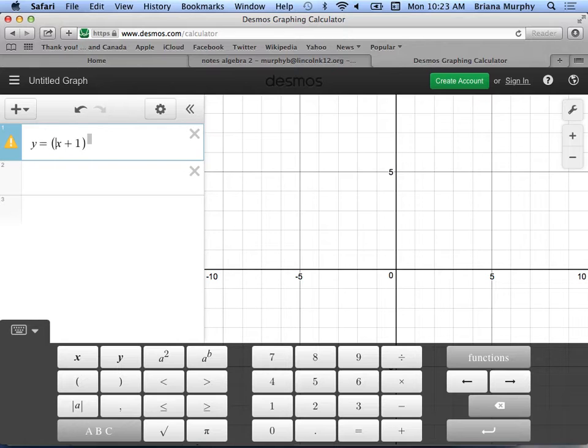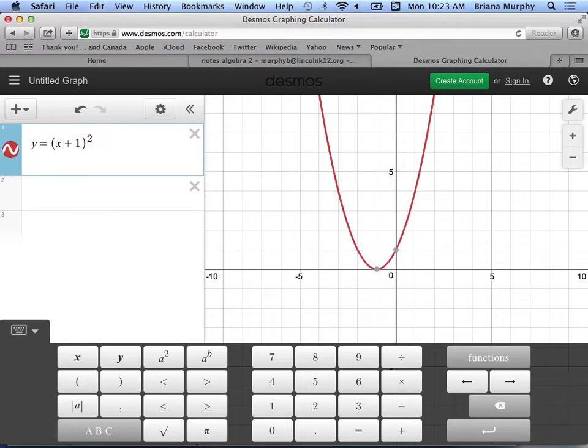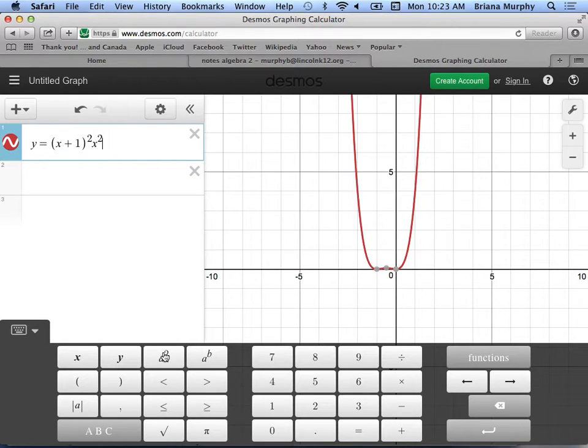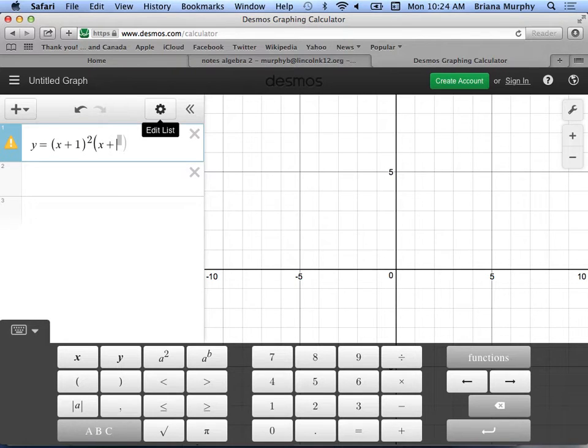So I'm going to put parentheses, and I'm taking it to the 2nd. But then I'm going to times it to the... okay, so it kind of is showing me 3 roots here, but I don't like that. I want more. I want to show you that it has the whole 5. So let's change this.